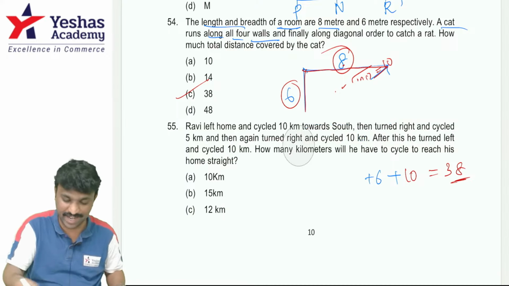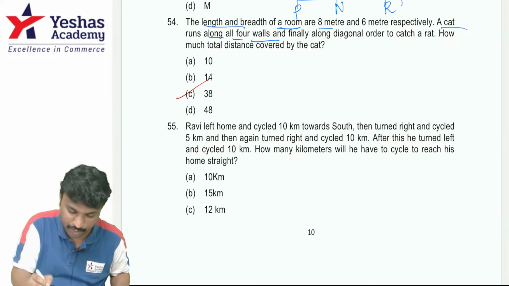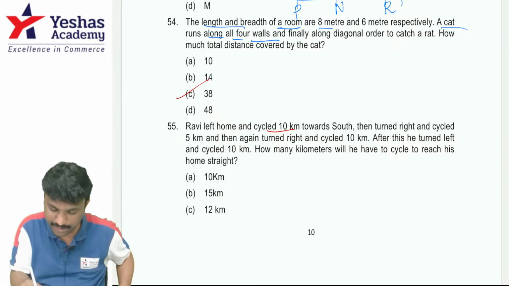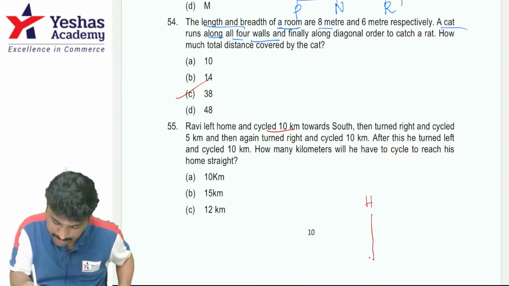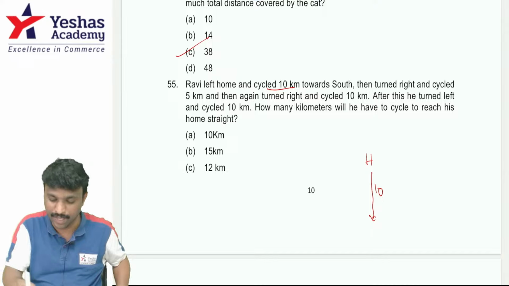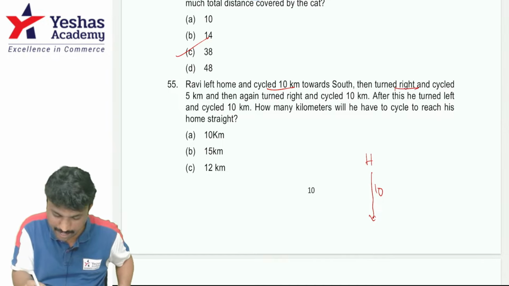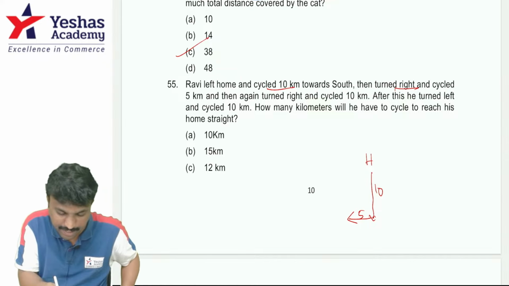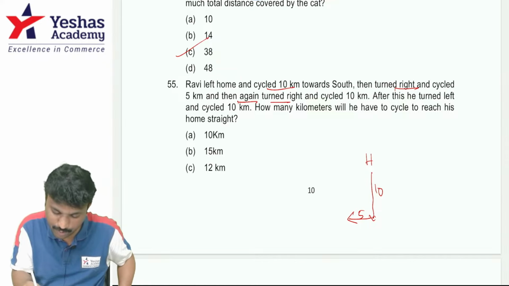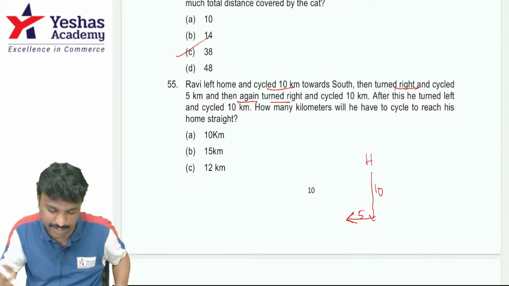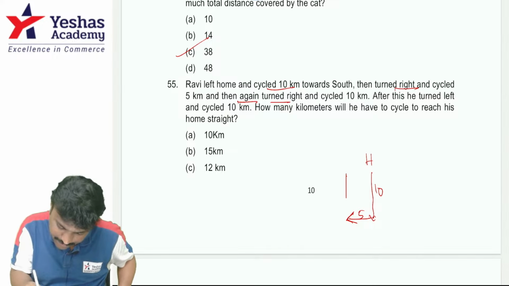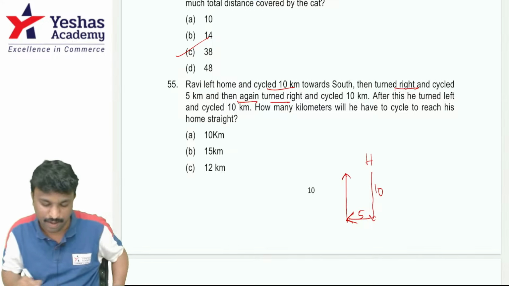Guys, moving on to the next question. Ravi left home and cycled 10 kilometers towards south. Then he turned to the right, right means left, and cycled how many kilometers? 5 kilometers. Then again turn to the right. Going towards west, turning right is upwards. How many kilometers? 10 kilometers. Here he comes.